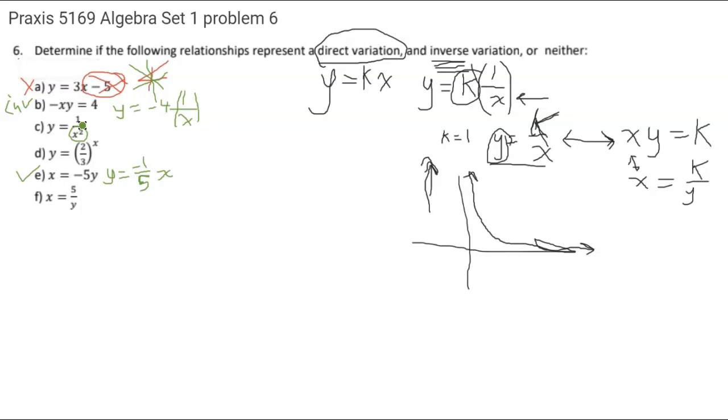That means the variable x is squared and then inverted, put in the bottom of a fraction. I'm not sure you need to know that vocabulary for the Praxis, but just in case. It's not inverse variation; it's a special kind of inverse variation. So we would say no, but I would want you to realize that it's the inverse square variation.